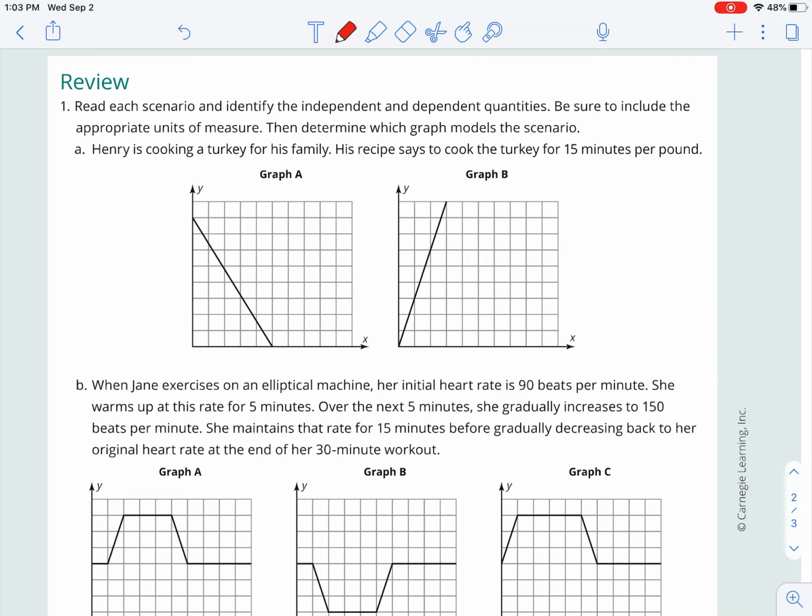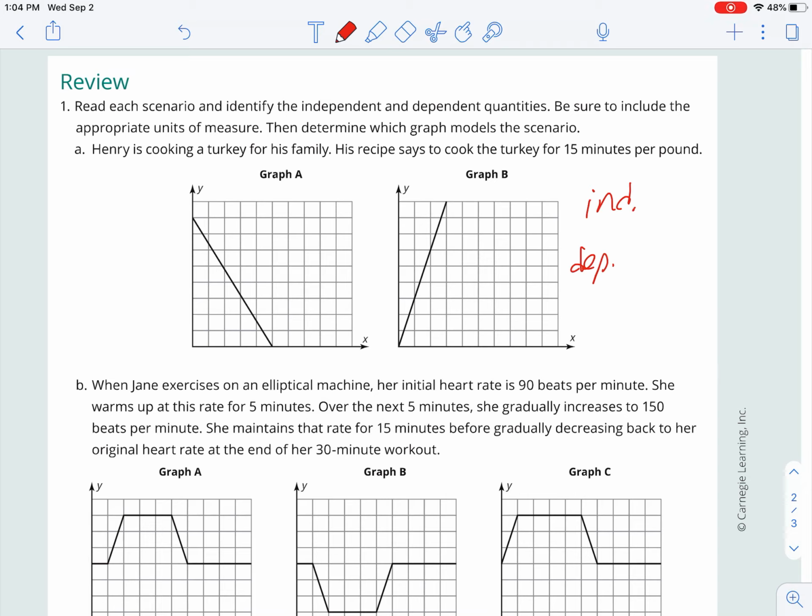All right, so our independent and our dependent is what we wanted to identify. Now, a lot of times we go ahead and say the independent is the x-axis. It is time, I should say, is time. But in this instance, that's not going to be the case, because however much this turkey weighs influences how much time it's going to be.